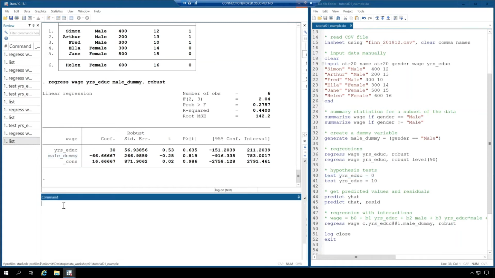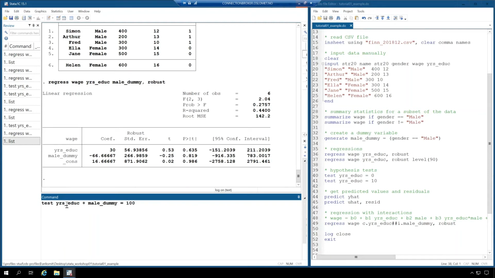What we can use now is the Wald test to test a combination of the coefficient on years of education and male dummy. So for example, if our null hypothesis is that years of education plus the coefficient on male dummy equal 100, for example.